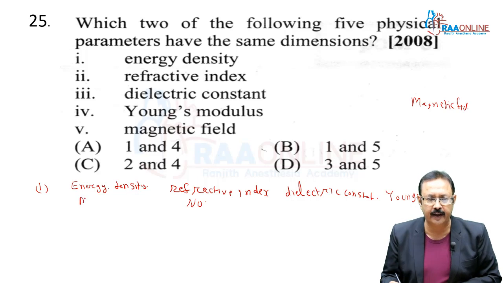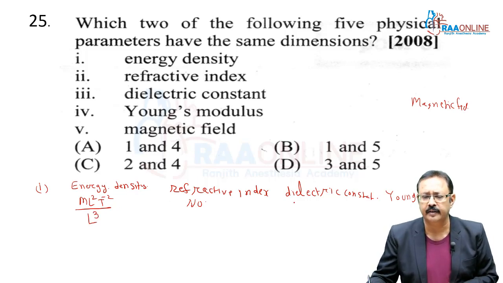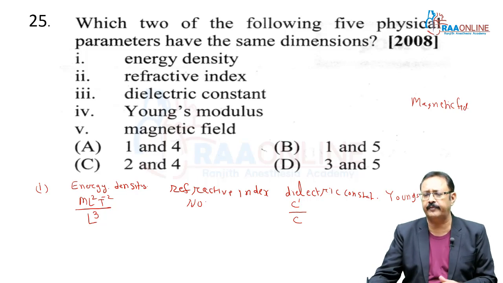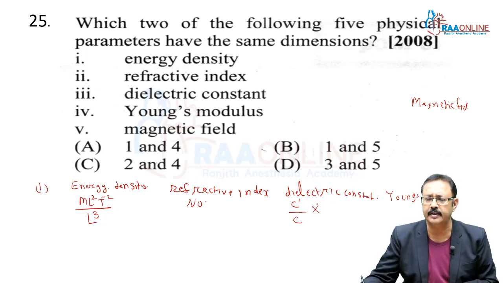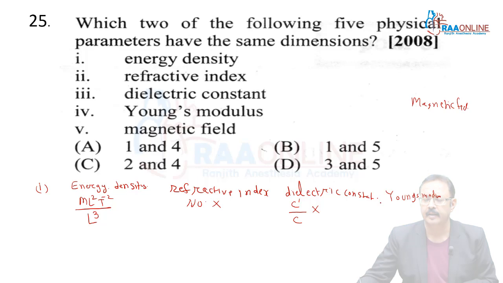Energy density: energy is ML^2 T^-2, volume is L cube. Dielectric constant is the ratio of capacitance after introducing the medium to before, the same physical quantity, so dimensionless. Young's modulus is just like pressure, because it is stress upon strain, and stress is pressure, F upon A. What is magnetic field?